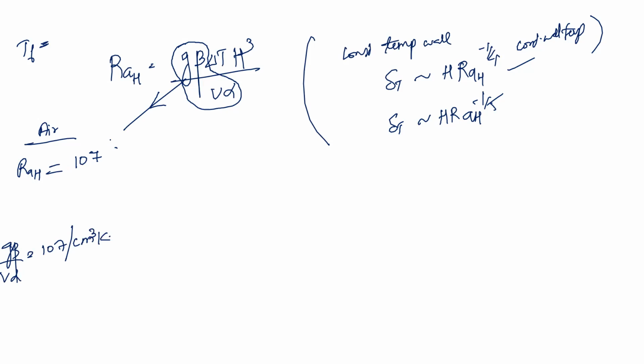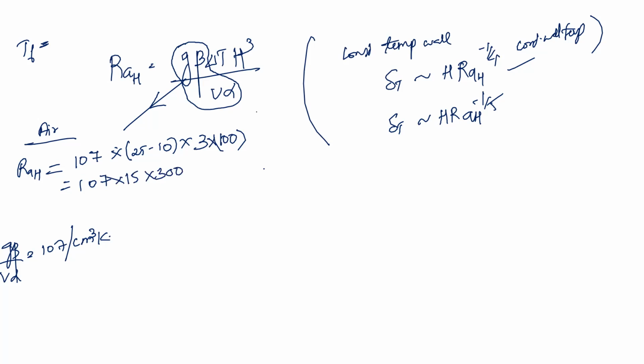Please note the unit. Then delta T is between the room and the outside, that is 25 minus 10, 15. H is given as 3 meter, which we need to convert into centimeters, so 300 centimeters.